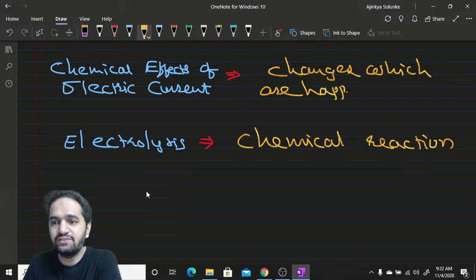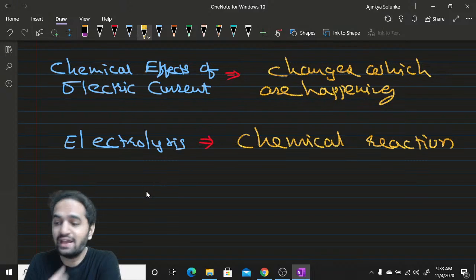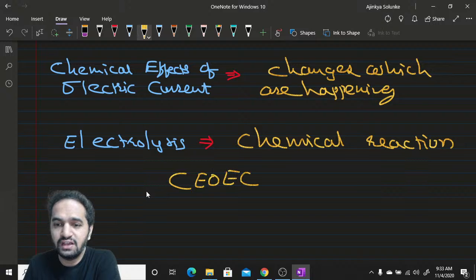Are you understanding the difference between the two? Chemical effects of electric current are just the changes which are happening inside a liquid when we are passing electricity, and electrolysis is nothing but the name of the chemical reaction. So can I say chemical effects of electric current are giving rise to electrolysis?